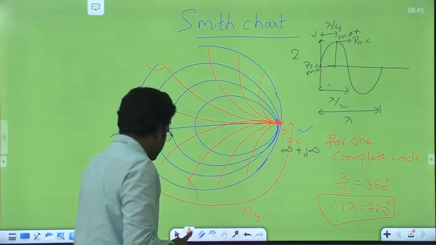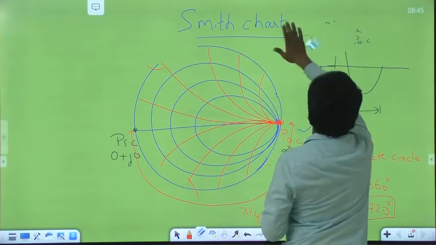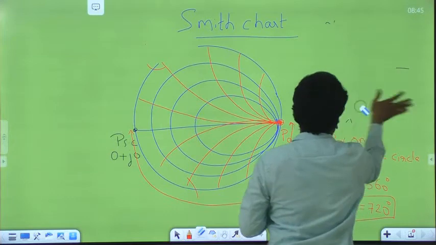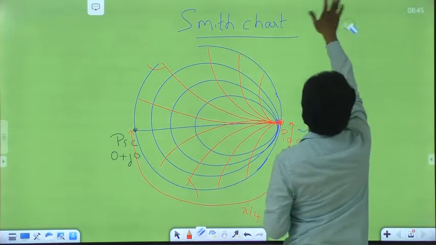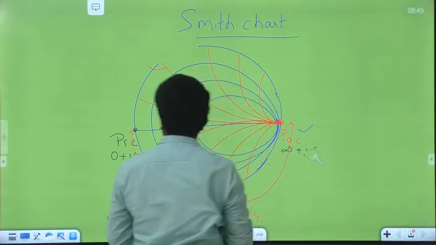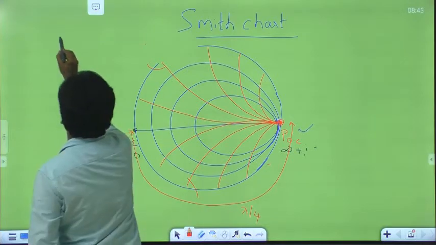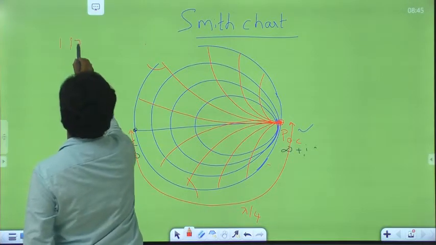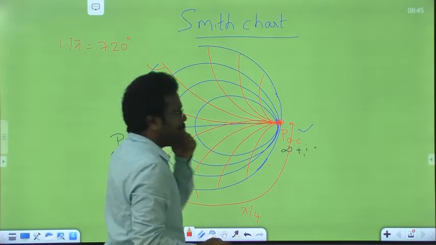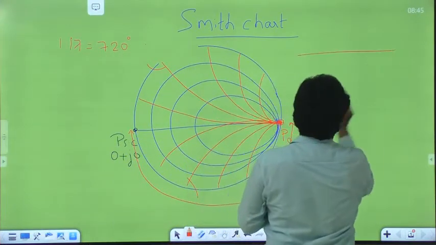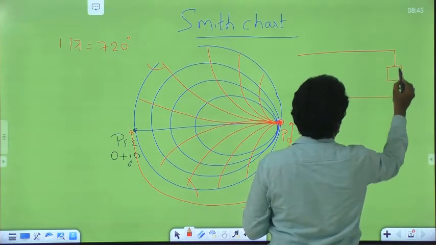And the next point: moving on a transmission line is the same as moving on a constant VSWR circle.